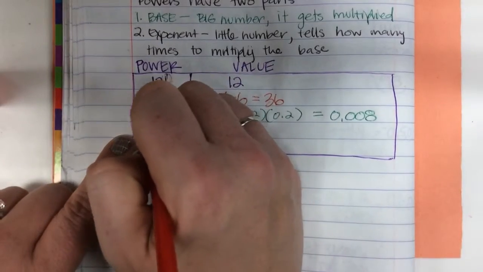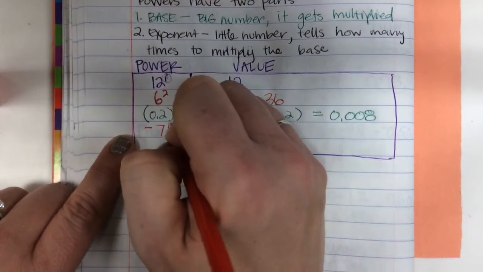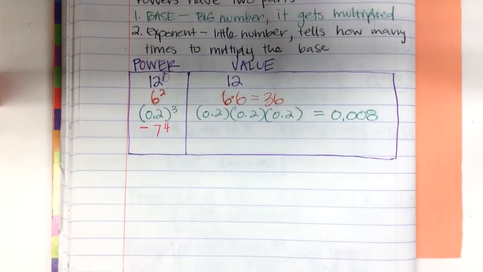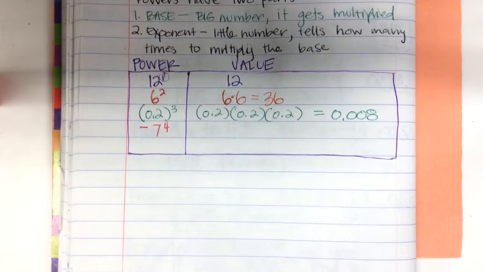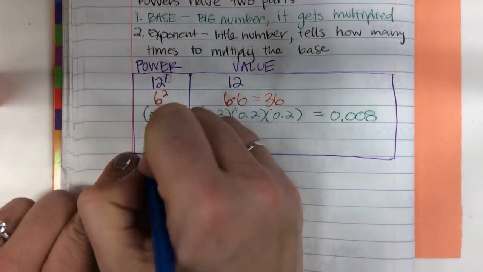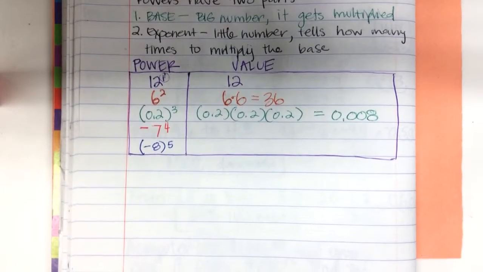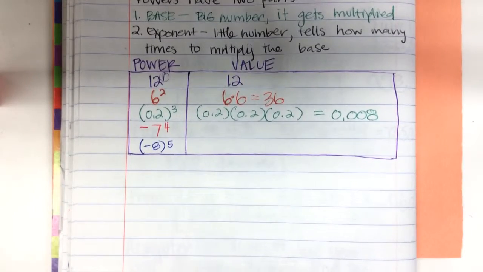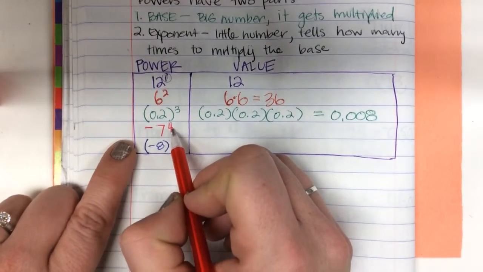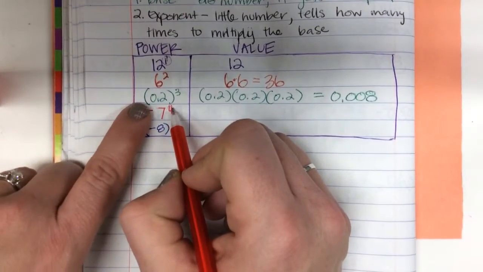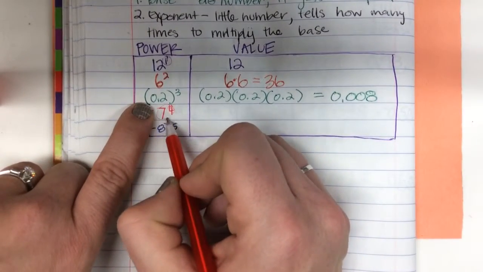All right, what about negative 7 to the fourth? And here's the trick. I'm going to show you both of these. On this problem, the exponent of 4 only touches the 7.